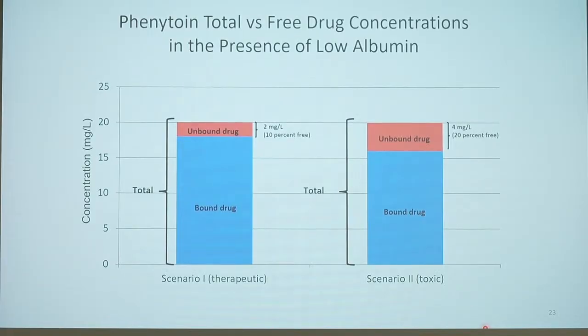So knowing both pieces of that information will let you know if the patient is in toxic versus efficacious or sub-therapeutic levels of the drug. So if the patient is having multiple seizures, then they probably have a sub-therapeutic concentration in the blood.